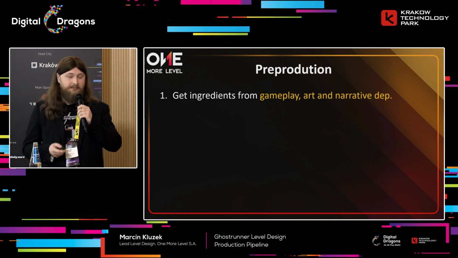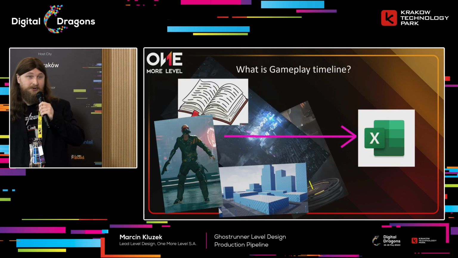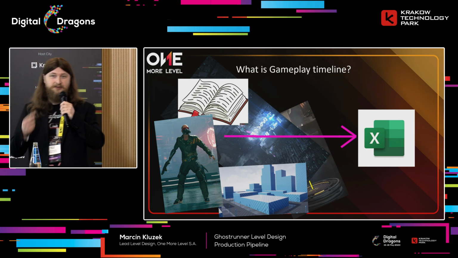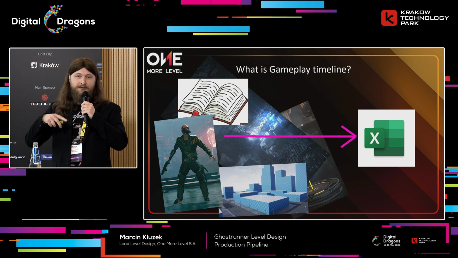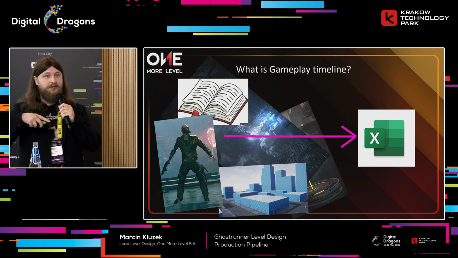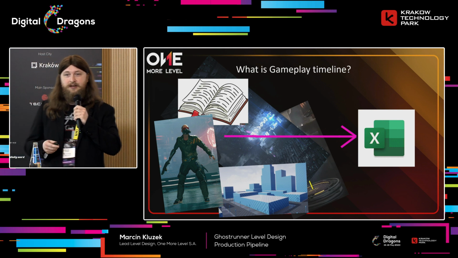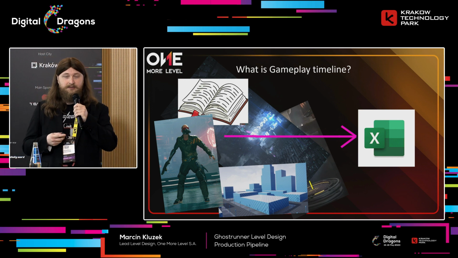We get gameplay elements from a document called Gameplay Timeline. What is Gameplay Timeline, you might ask? Gameplay Timeline is a document that's created at the beginning of the project, at the end of pre-production actually, because in the pre-production, we are testing enemies, mechanics, and objects, and level artists are testing the environments and creating concept art.